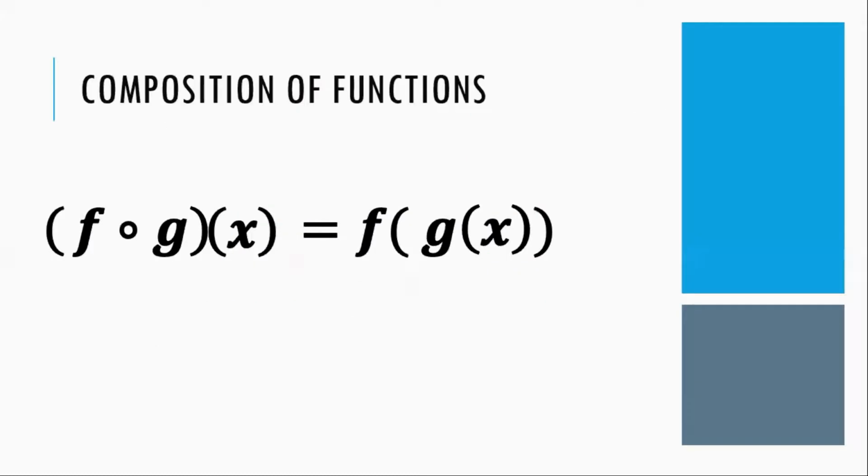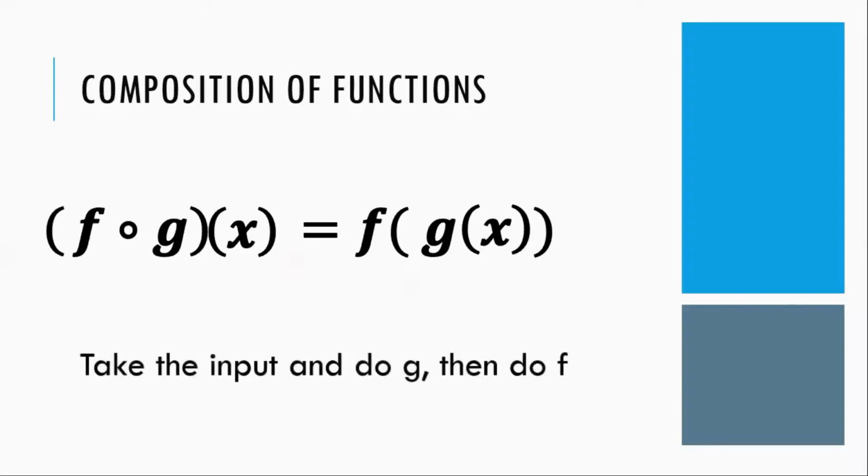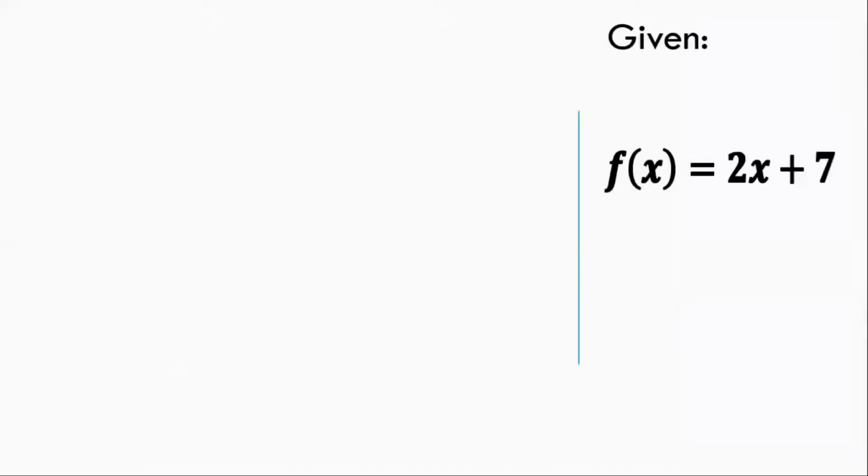So composition of functions is a new idea that says what we want to do is we're going to take an input and we're going to do operation g, then we're going to do operation f. It is not multiplication. So let's say we're given f of x is equal to 2x plus 7, and we want to do the functional composition f composed of g of x. So the input is going to be x.